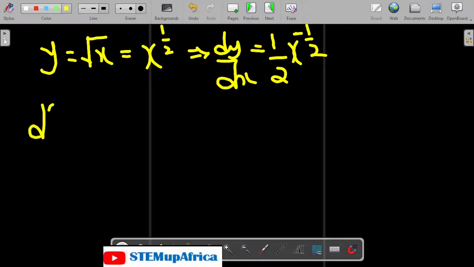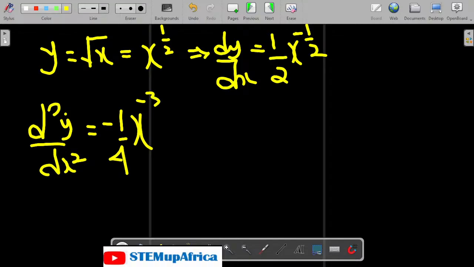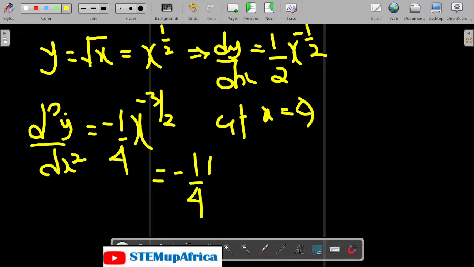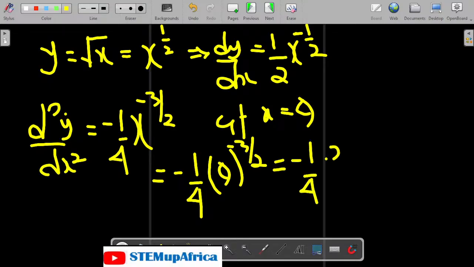That will give us d squared y over dx squared. I'm going to have minus 1 over 4 times x to the power minus 3 over 2. Say at x equals 9. Wherever I see x, I put 9. I'm having minus 1 over 4 times 9 to the power minus 3 over 2. In minus 1 over 4, 3 squared is 9, times minus 3 over 2, the 2 cancels 2.